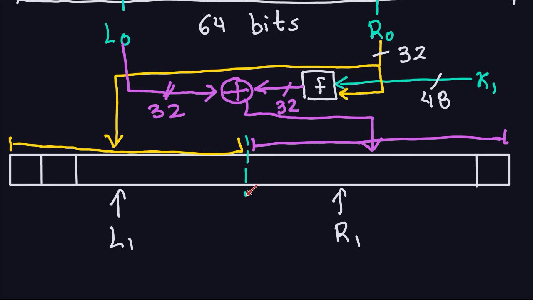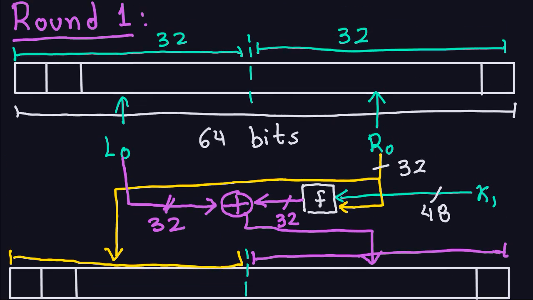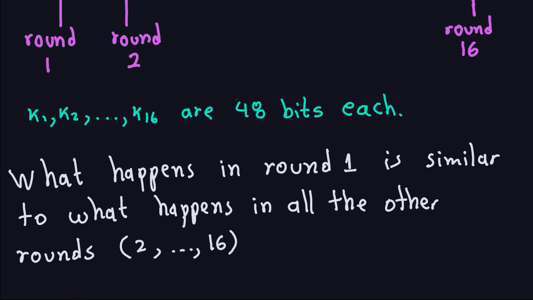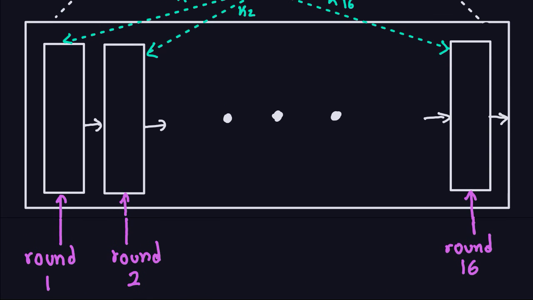So I can keep going down here, but all this inner structure is exactly the same for the next round. So this 64-bit that you see here, let me go back to the picture. That 64-bit is what comes out of this round, and it goes into the second round, and the second round has exactly the same structure as the first round.